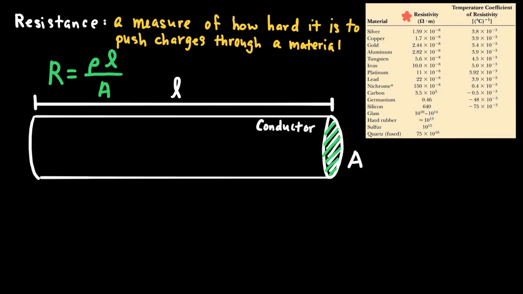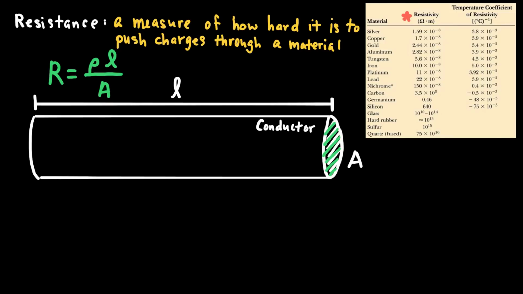But resistivity also depends on the temperature of the material. And so if I heat up this conductor or I cool down the conductor, then the rate at which charge flows changes, and so the resistivity ought to change as well. You can also see in this table that there's the temperature coefficient of resistivity, which must mean there's some sort of empirical formula where if you know the temperature, then you can figure out the correct resistance at that temperature.